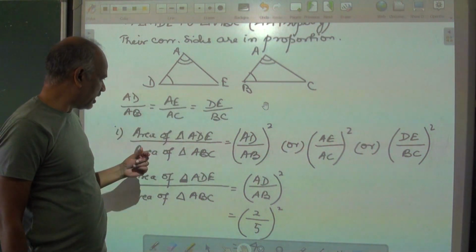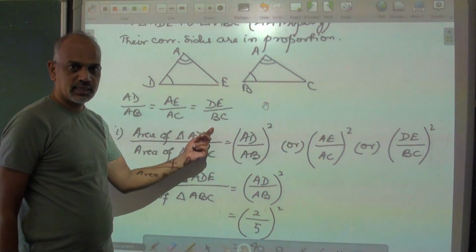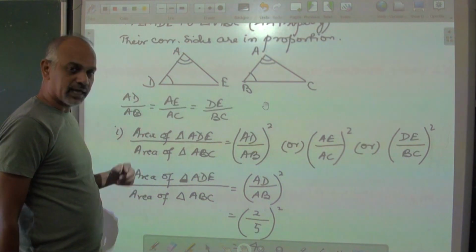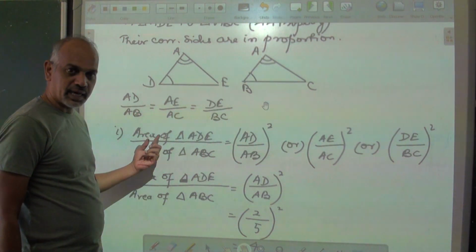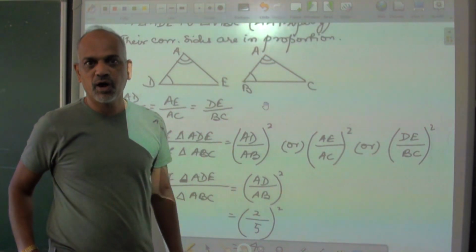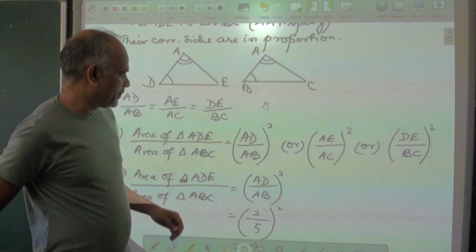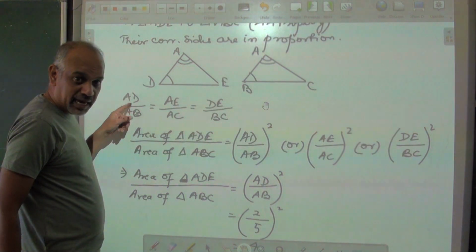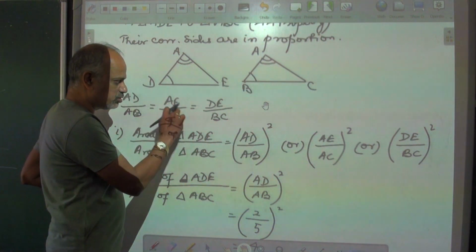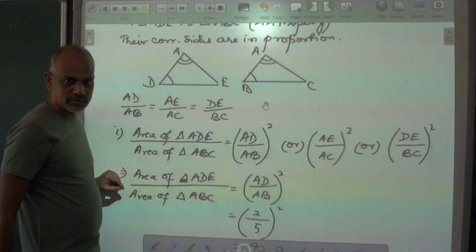Because all these are lengths, they are measured in centimeter or meter. But this ratio is about area. Area usually is measured in centimeter square or meter square. So from sides, how do you find area? Take one of these ratios and square it.